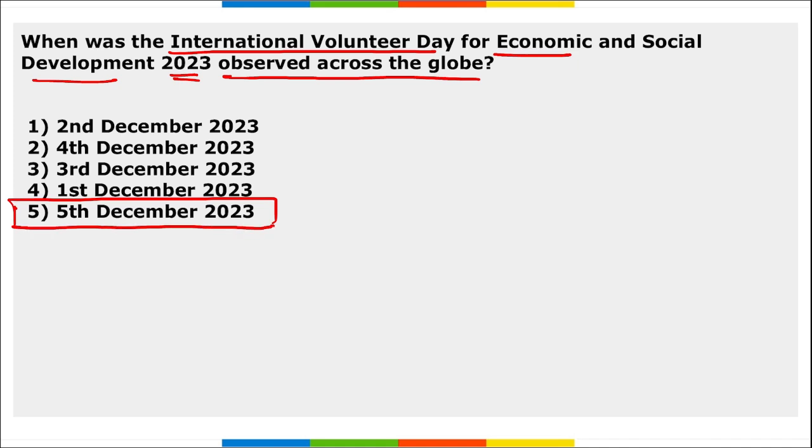And this is to raise awareness about volunteer services that encourage individuals to dedicate their time and skill to contribute, so that once they are skilled, they will be getting more job opportunities, which will enhance the GDP of our nation also. So, International Volunteer Day for Economic and Social Development is observed on 5th of December globally.